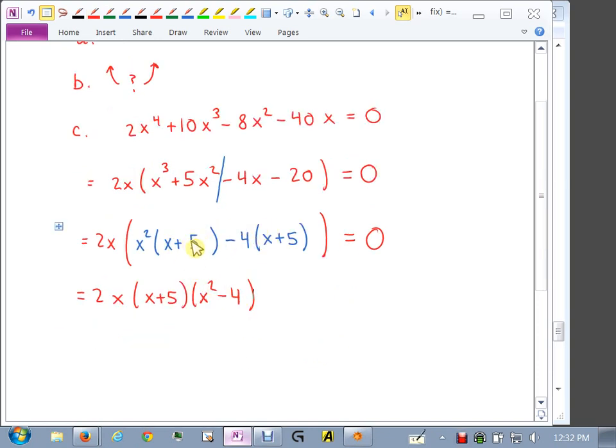This right here becomes this. Again, make a star, come see me in my office, go to the tutoring lab, and ask them to explain the grouping here. What essentially you're doing is you're taking this x plus 5 and x plus 5, and you're pulling it out. And when you factor this and this out, it's right here, and what's left is the x squared and the minus 4. And now we have still equal to 0.